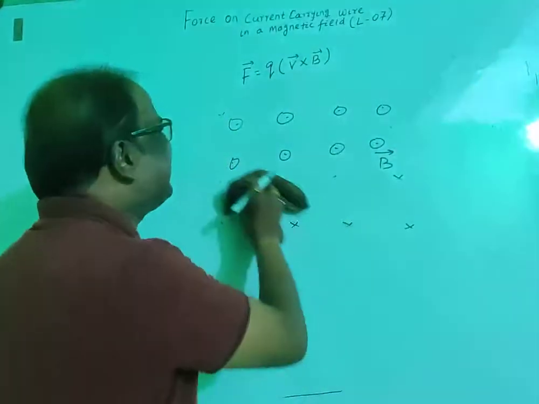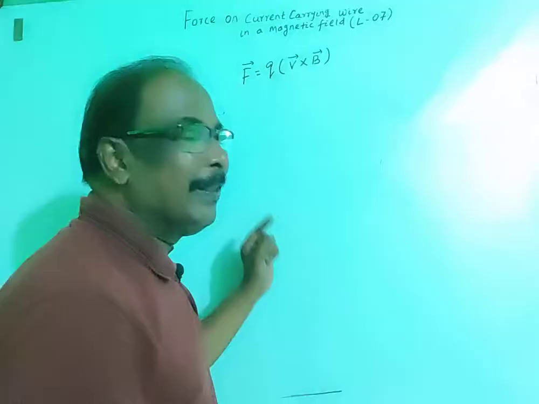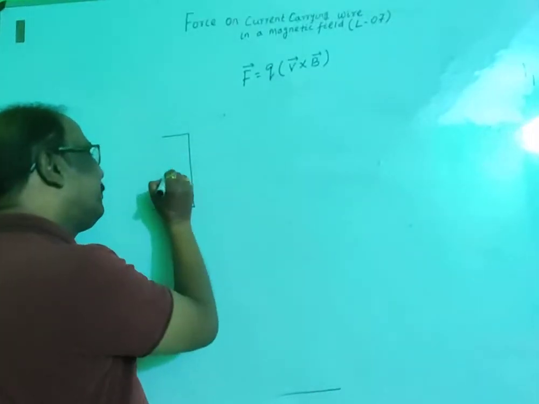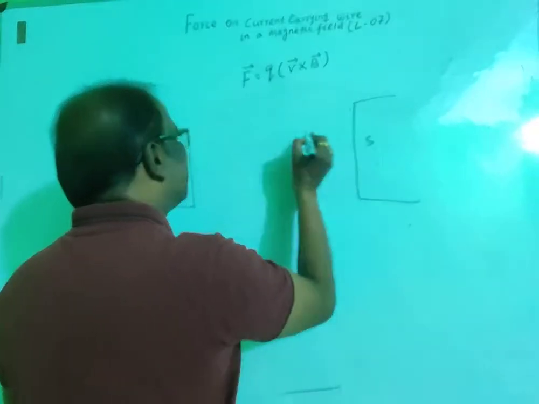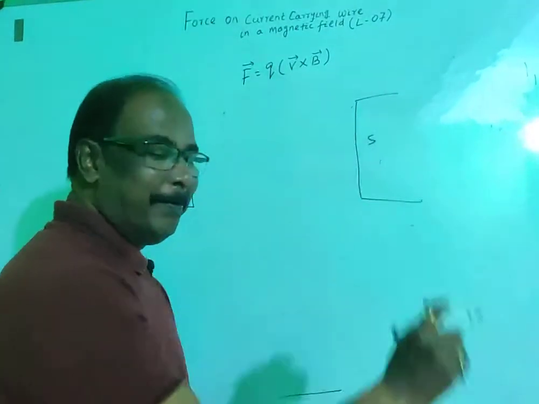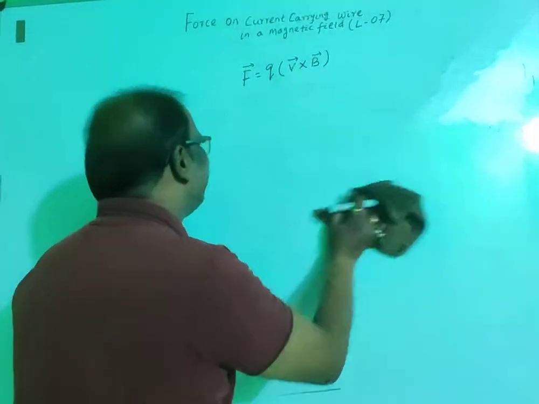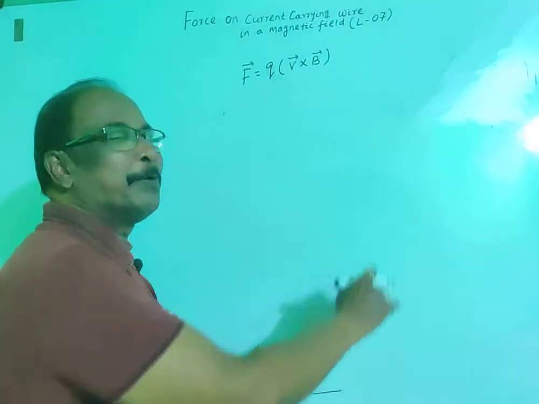Or in a simpler way, I am representing the magnetic field on this plane. Just imagine this is the north pole of a magnet and this is the south pole of a magnet. So magnetic field lines are from north pole to south pole. I am first representing the magnetic field on the plane of this whiteboard.